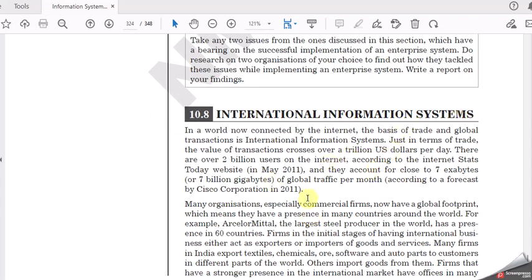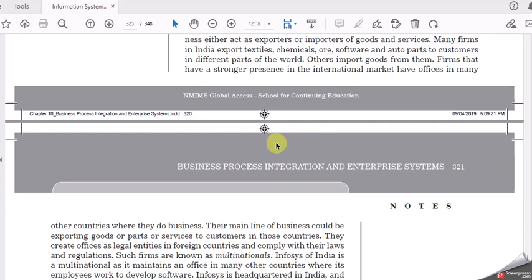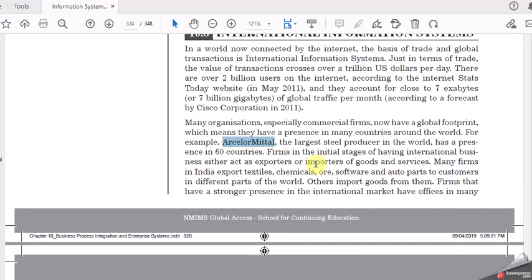So in international information systems, this is the only place in the book where I could see a reference to ArcelorMittal, but you can understand it is not the complete case. You'll get a brief idea, and if possible, you can add it into the introduction part of the answer.